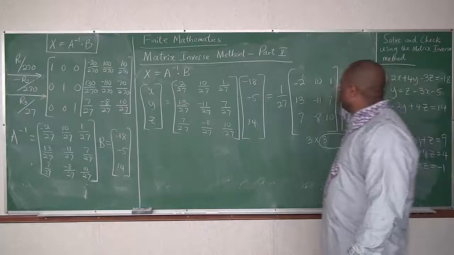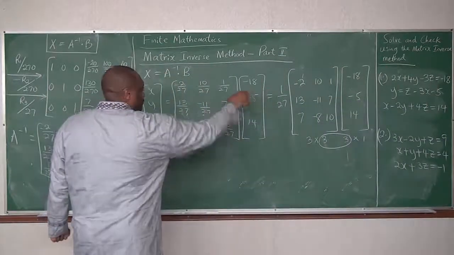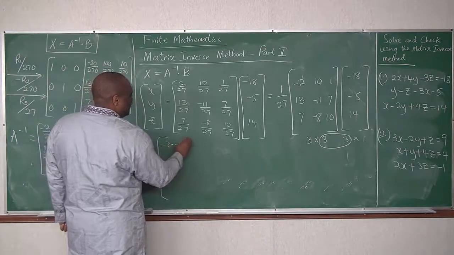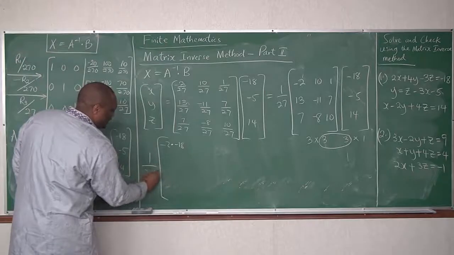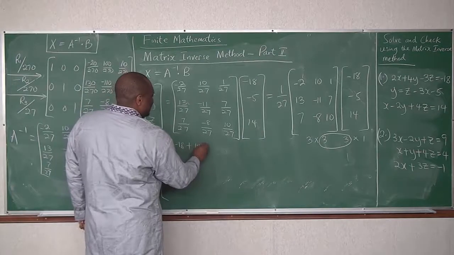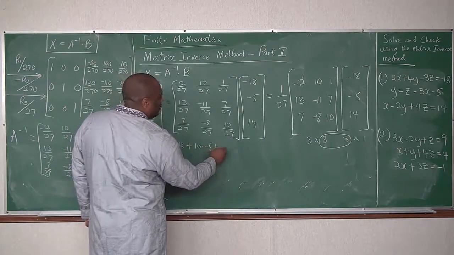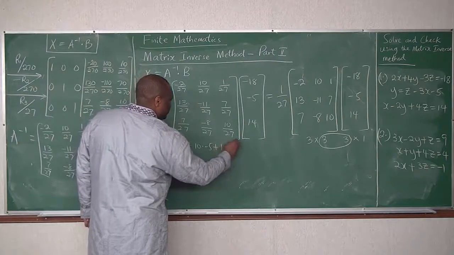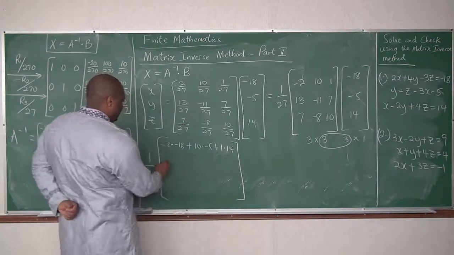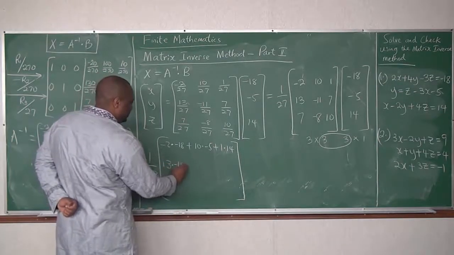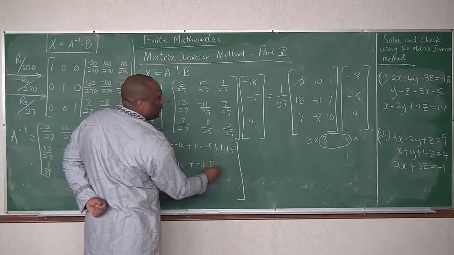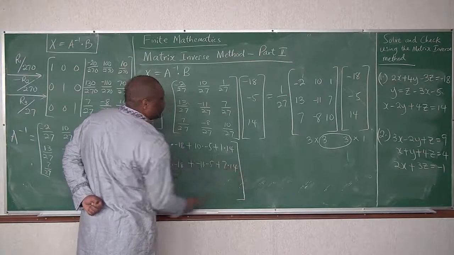Now, if we multiply those, it will be negative 2 times negative 18. This is still 1 over 27 here. Negative 2 times negative 18 plus 10 times negative 5 plus 1 times 14. Then we have 13 times negative 18 plus negative 11 times negative 5 plus 7 times 14.